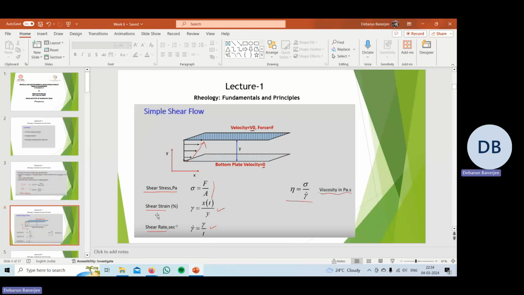The shear strain in percentage, gamma, is equal to x, which is a function of time, in the x direction, divided by how much is in the y direction, basically the distance between the two plates, bottom and top. And shear rate in second inverse is basically the ratio of shear strain and time.